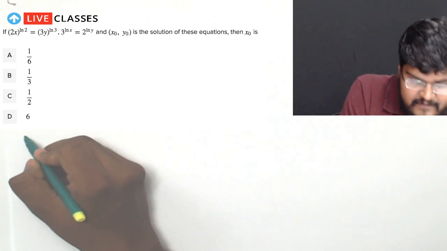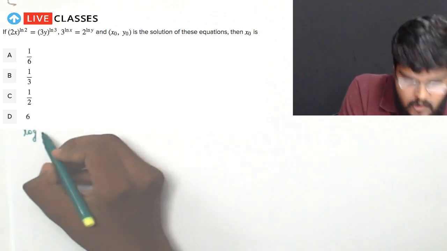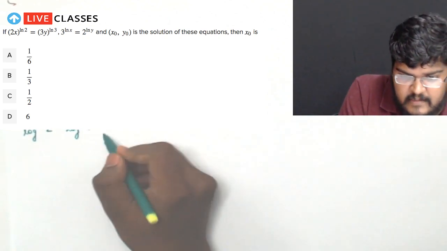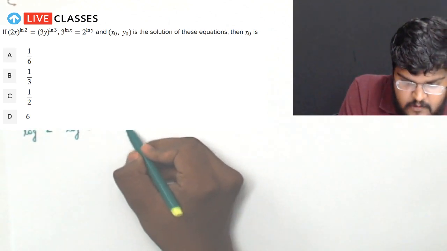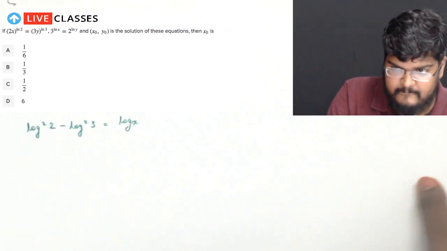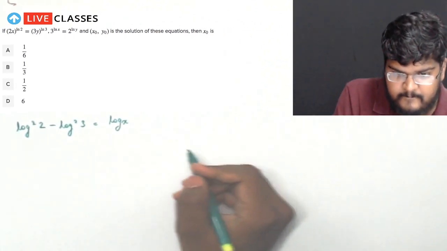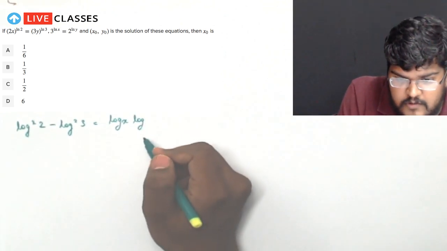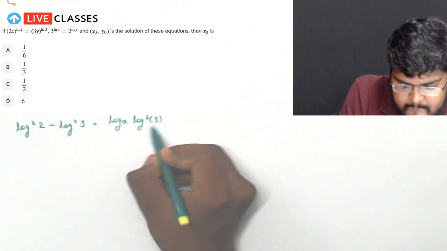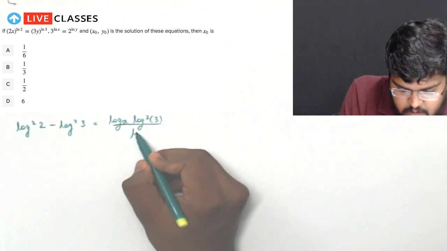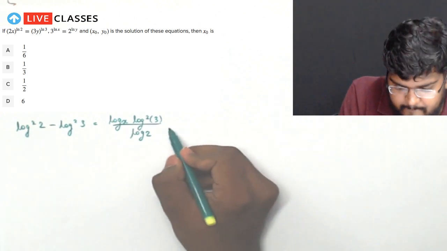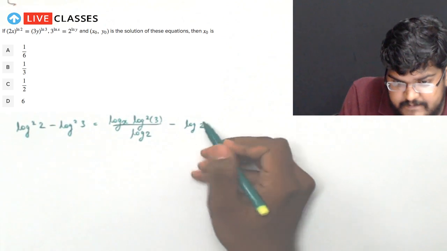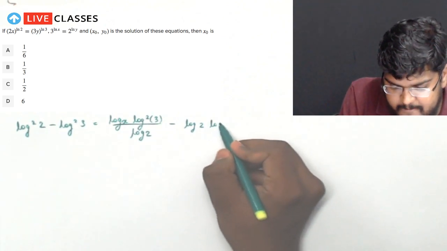The last step that we have written was log square 2 minus log square 3 is equal to log x times log square 3 upon log 2 minus log 2 times log x.